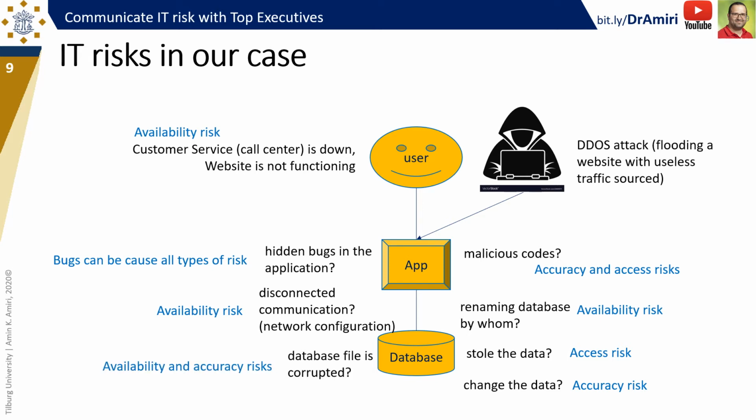About the database file being corrupted, they explained that this can have ramifications on the availability of the website as well as even the accuracy of the data that we have. They also talked about the chance of data being stolen, which is a type of access risk. They also suggested that it was possible that the attackers changed the data, which can be categorized under accuracy risk.